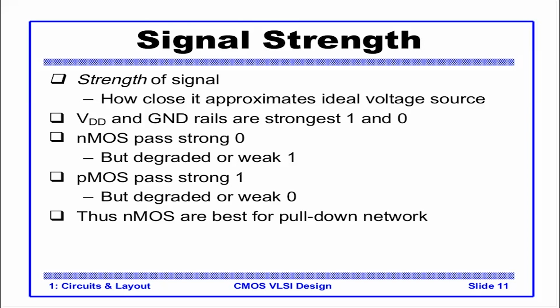So with VDD at the drain and the gate also tied to VDD, the voltage on the output, that is the source, is VDD minus VT. Similarly, PMOS will pass a strong 1, that is why it is used in a pull-up network, but a degraded or weak 0. Right?